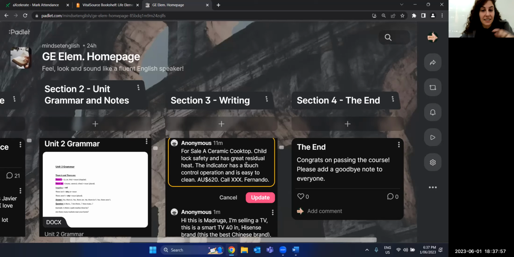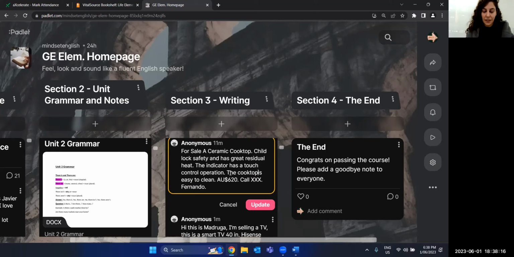The indicator has a touch control operation. So I can touch control, like it's touch. And yeah, I'll put a full stop. The cooktop is easy to clean. The glass cooktop, I think that's what you're trying to say. The glass cooktop is easy to clean.